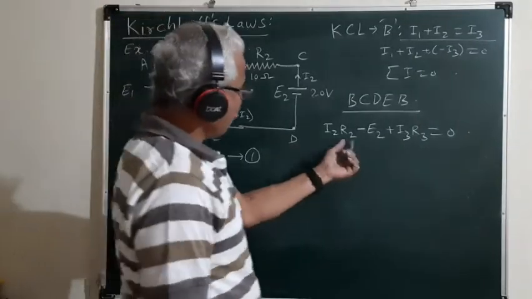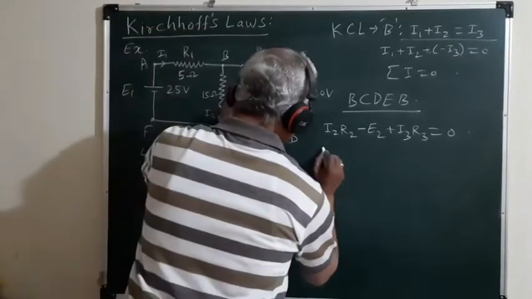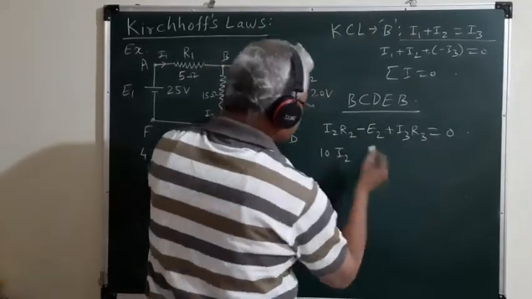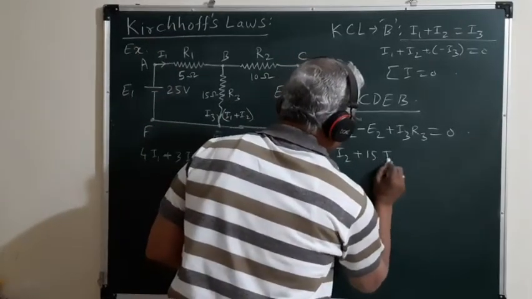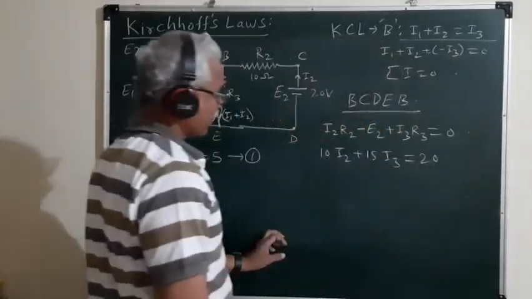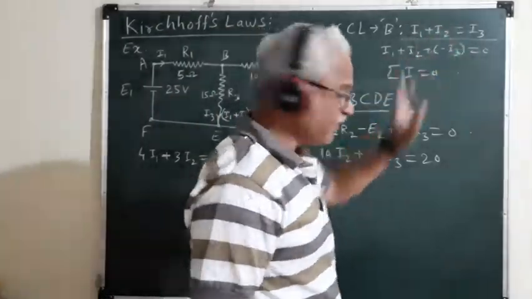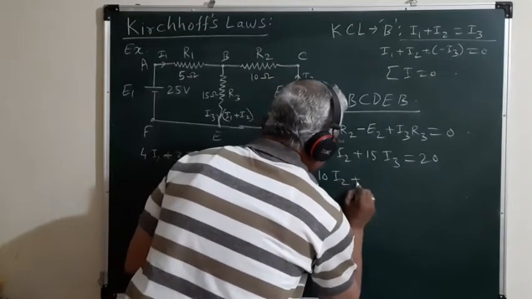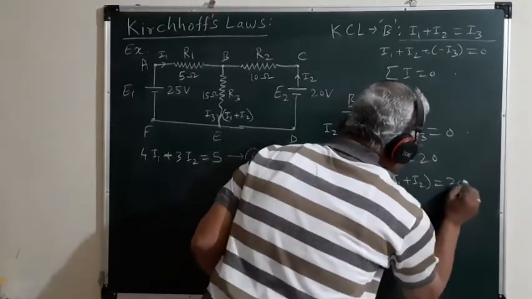So using the values of R2, R3 and E2 here, we can write R2 is 10 ohm, so it is 10 I2. Transferring this E2 to the right hand side, we can express this as R3 is 15 into I3 is equal to E2, which is 20 volt. So again, substituting I3 as I1 plus I2, we get 10 I2 plus 15 into bracket I1 plus I2 is equal to 20.